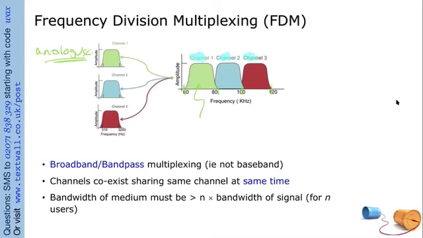Sometimes there can be some overlap, very slight overlap between these channels. Sometimes we want the opposite. Sometimes we want each channel to be separated from adjacent channels, and we have this guard band between adjacent channels.